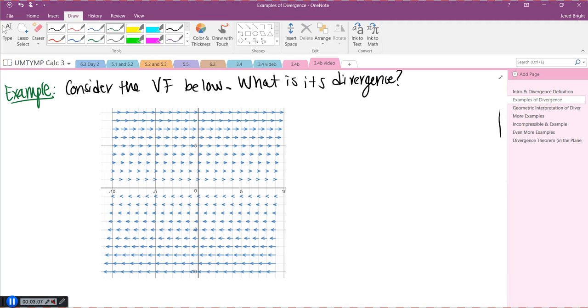Well, I know stuff is flowing in and stuff is flowing out, and I know it's flowing in quicker at the top, at least in this case, and then it's flowing slower through the bottom.